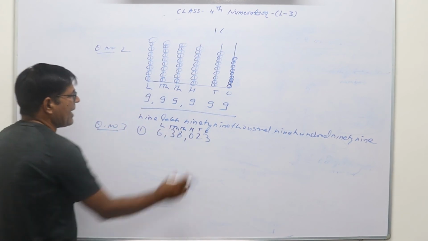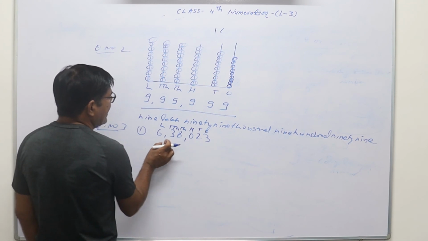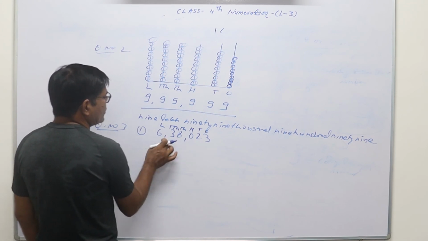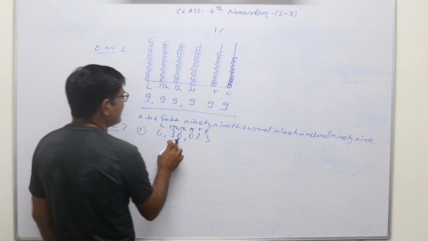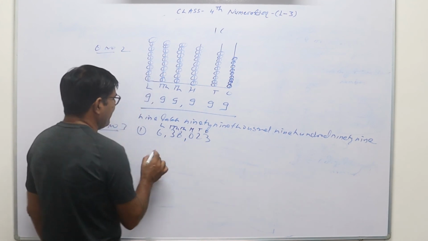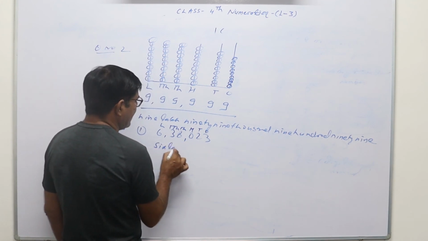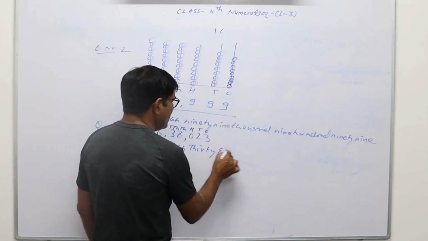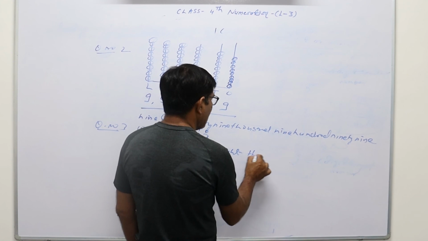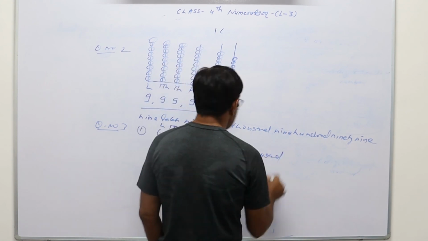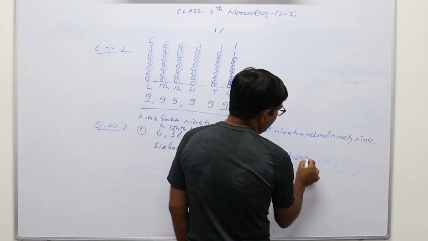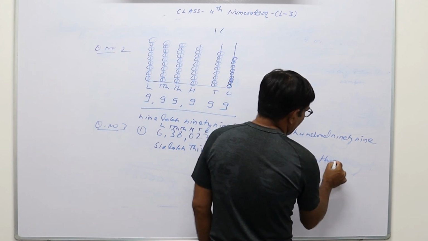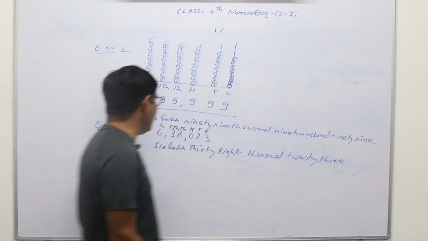So first a comma after the first 3 digits and then a second comma after the next 2 digits. So it will be 6,38,023. So this one is the first number.